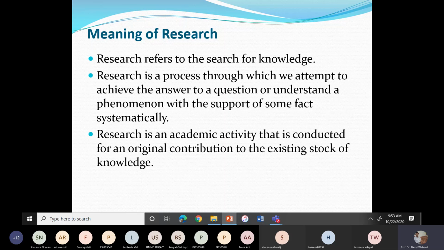We have knowledge, and then what you have contributed through your research to the existing store of knowledge. So what we try to do in research, we move one step forward. Knowledge exists, and then we will move one step forward. We will contribute to the existing store of knowledge.